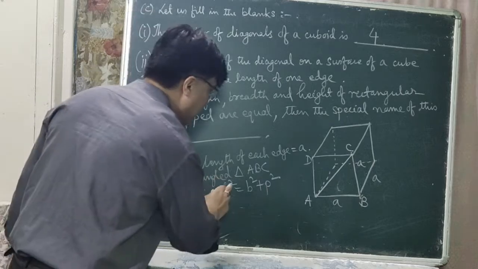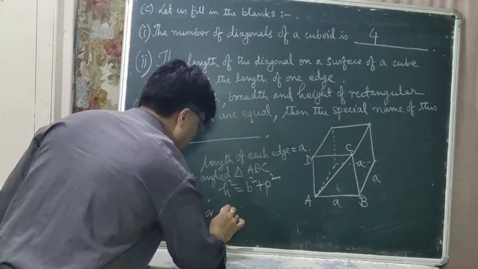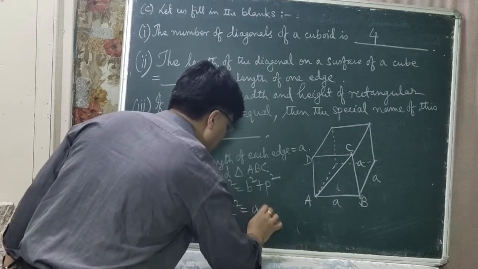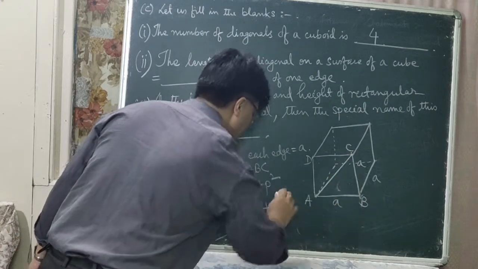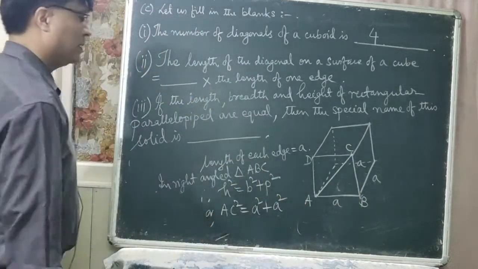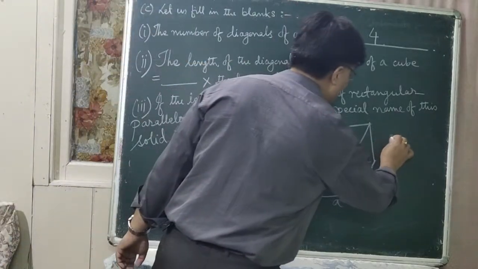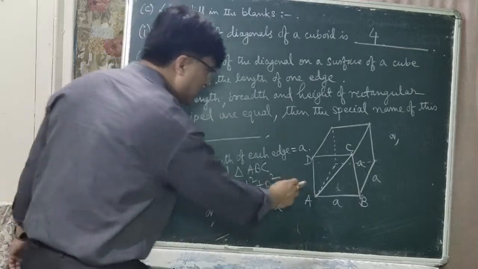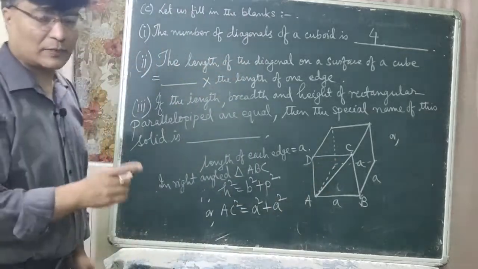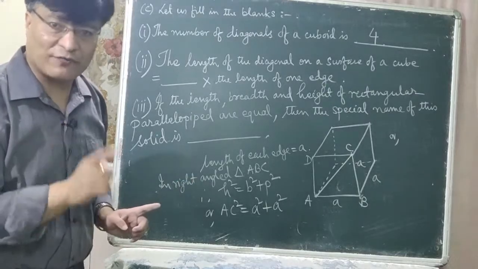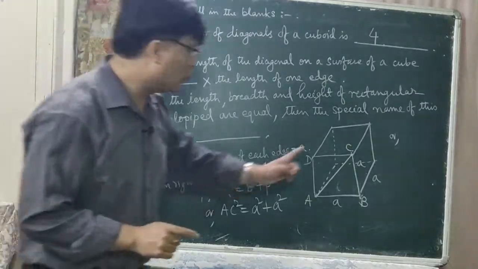What is h here? This is AC, so AC square is equal to what is b square? a square. What is p square? That is also a square. I think you have understood it, okay. Next, this AC is the diagonal, this AC is a diagonal on a surface of a cube.